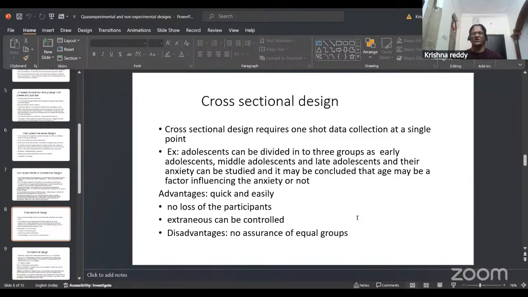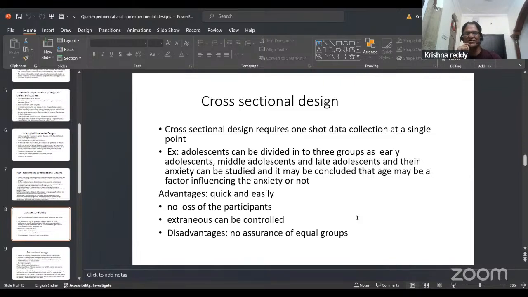So based on the results of that particular test, you can say the anxiety level of 18-year-old adolescents is higher than that of adolescents of 16 and 14 years. That's how we can conclude based on the results of your study.